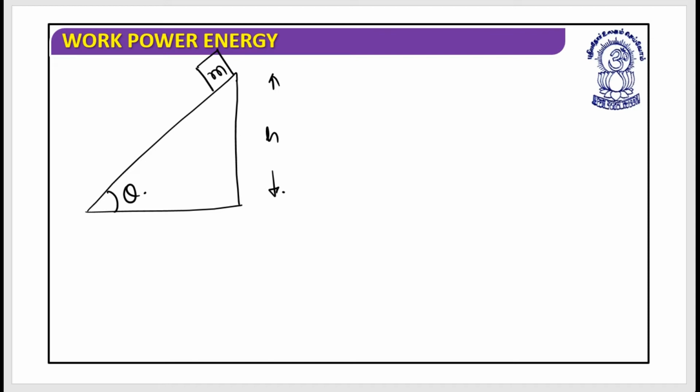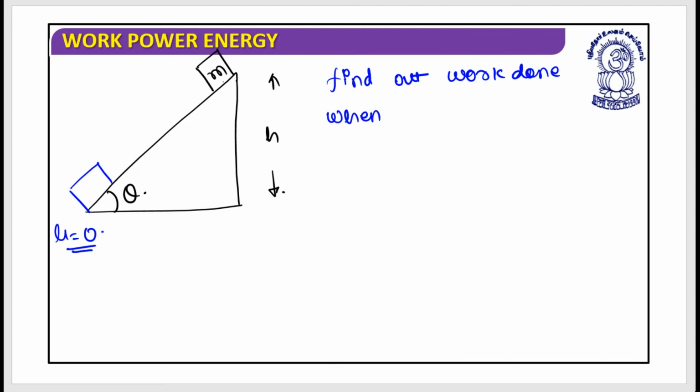This is a smooth wedge, which means mu equals 0 in this case. In this situation, find out the work done when the block having mass m reaches the bottom of the wedge.